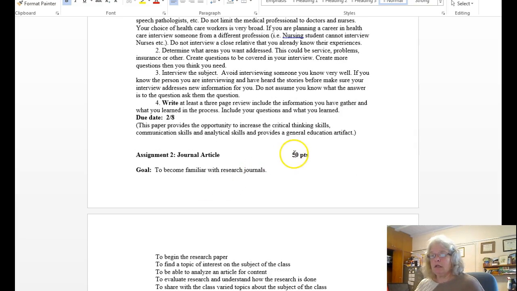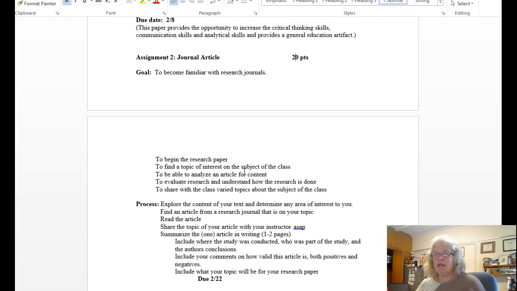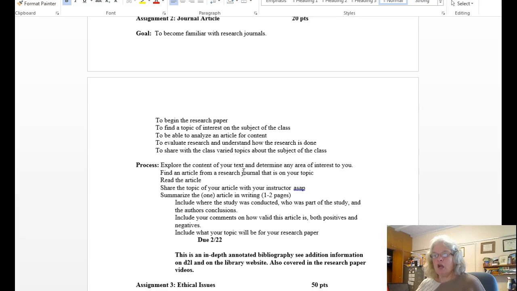Second assignment here is a journal article. You will do one journal article and you will be doing an annotated bibliography on it, and you should summarize it in a 1 to 2 page, much longer than a normal writing here.